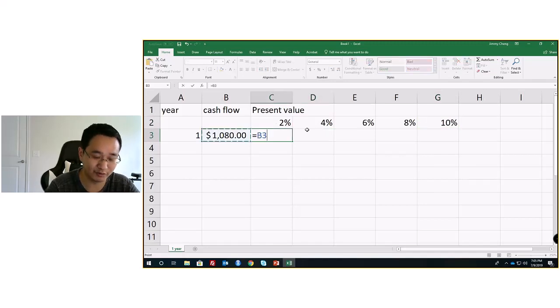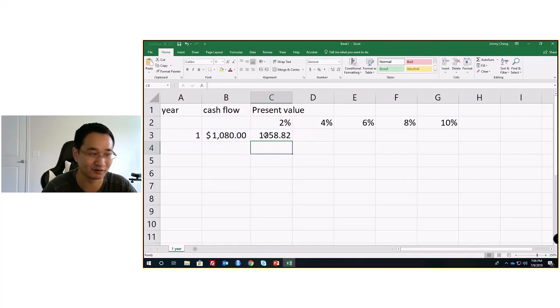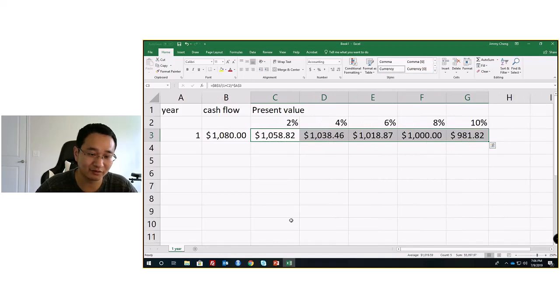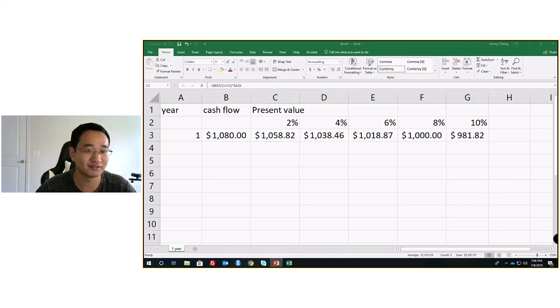That will be your future value divided by 1 plus this rate, and it's only 1 year. Is that clear? You guys understand this? This Excel is pretty straightforward. You should know this from a long time ago. And then we can just copy those here. So that's what we have here in the first line.